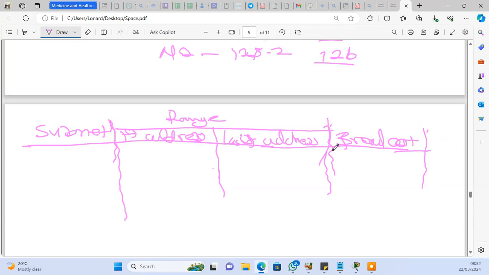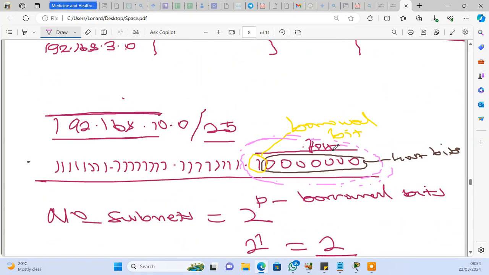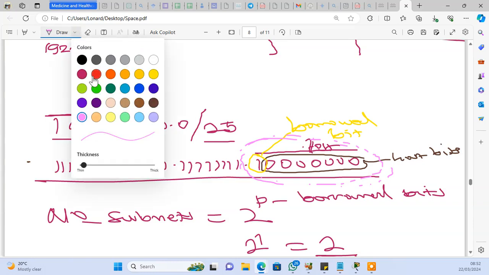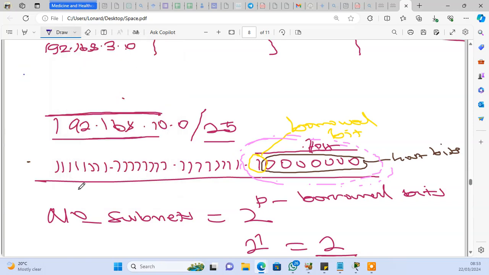What I didn't mention is that our subnet mask in binary format here is this, and if we convert it into decimal, we shall have this. If you convert this, you get 255, then 255, 255.